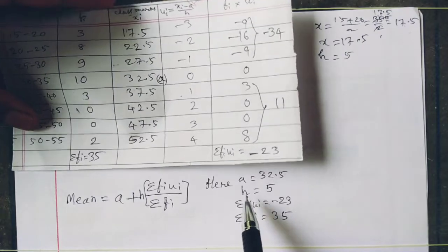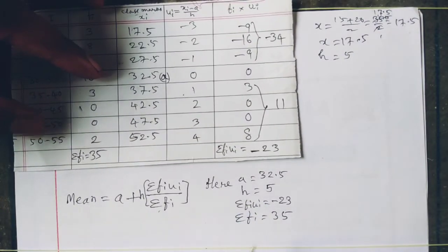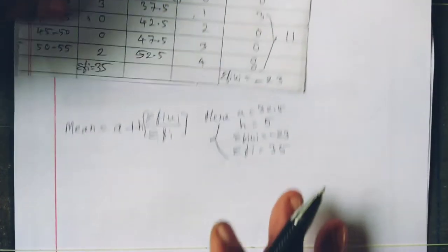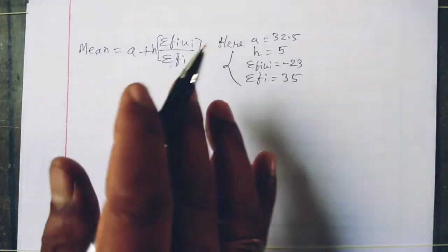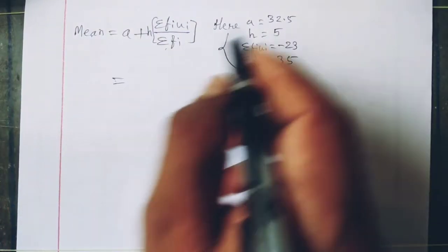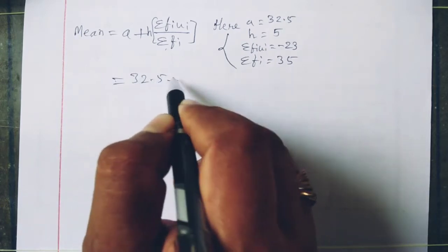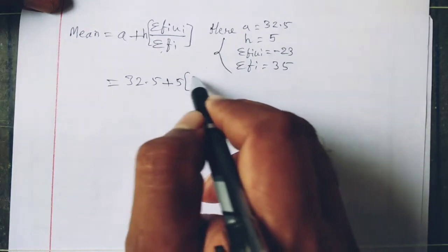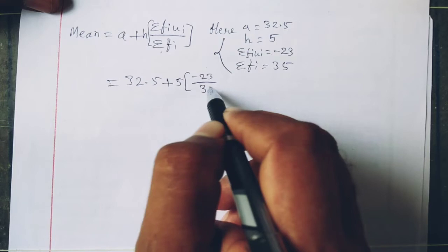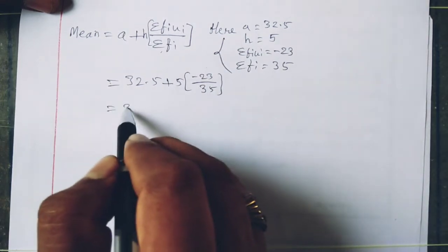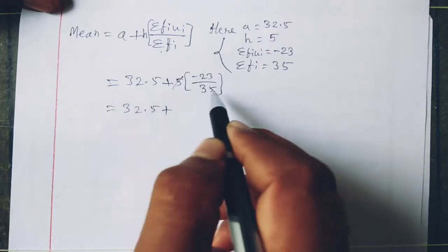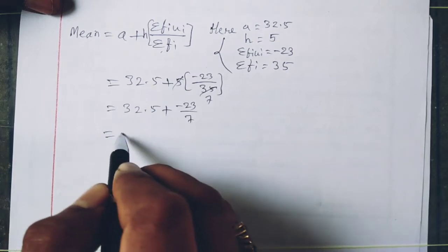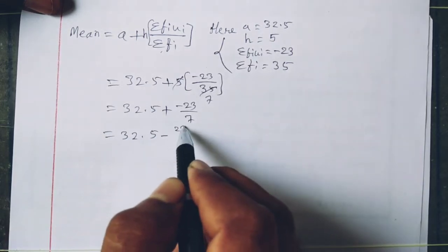Substituting in the formula: a is 32.5 plus h, 5, into minus 23 by 35. 32.5 plus 5 on the 5 7s, minus 23 by 7, that is equal to 32.5 minus 23 by 7.